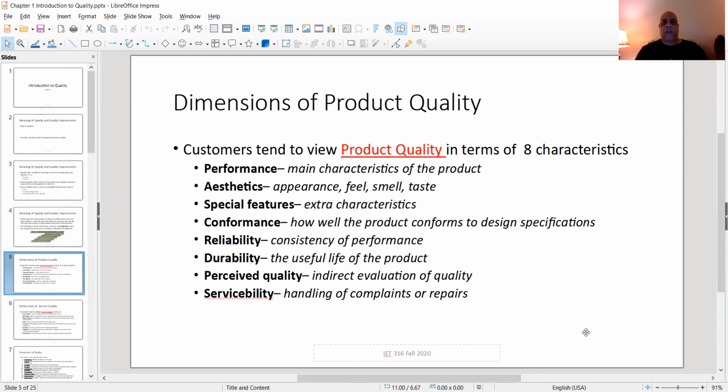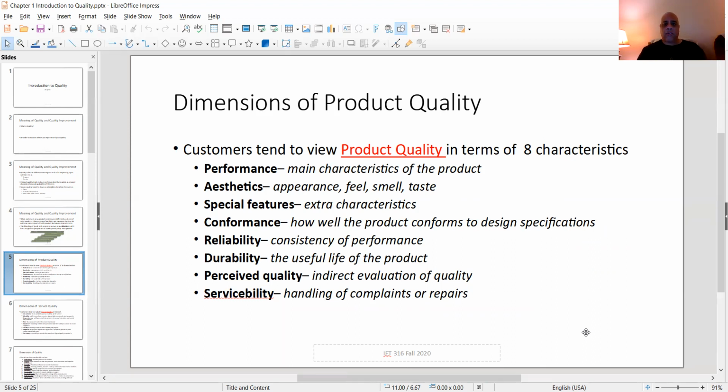Now, the dimensions of product quality, when it comes to customers, they tend to view product quality in terms of 8 characteristics, starting off with performance, the main characteristics of the product. Then you have your aesthetics, which deal with the appearance, feel, smell, and taste. There are special features, which are extra characteristics, like color or design.